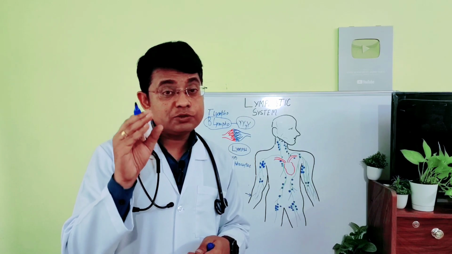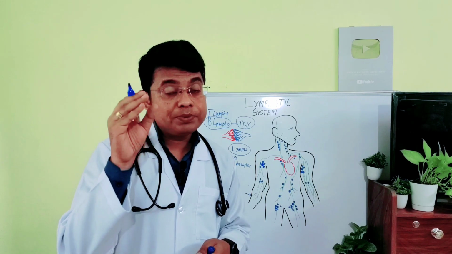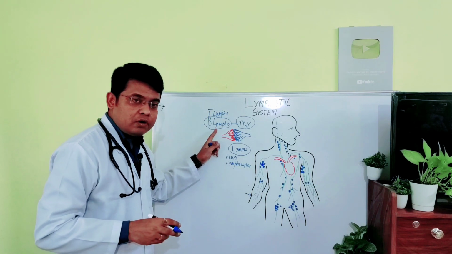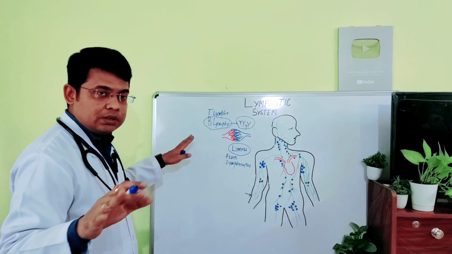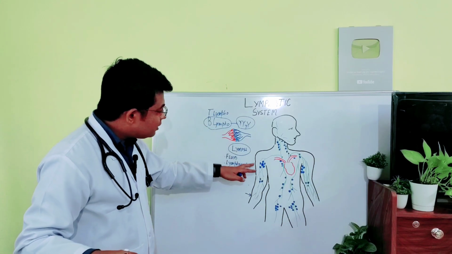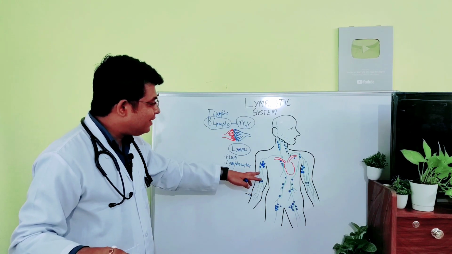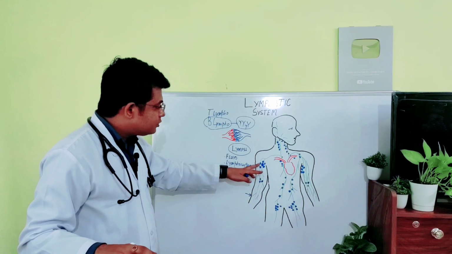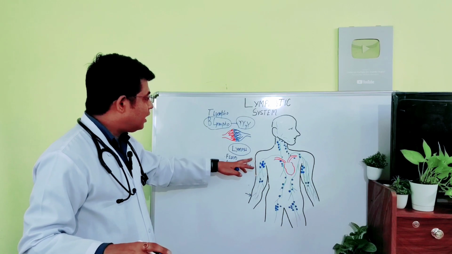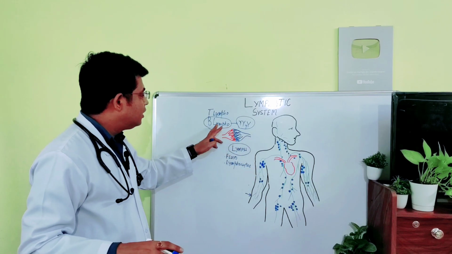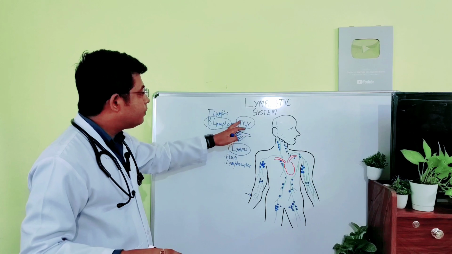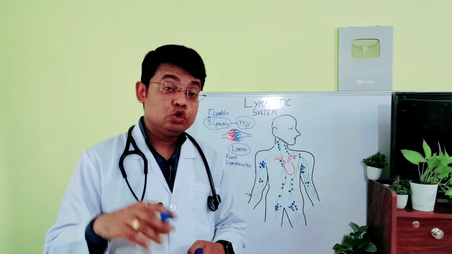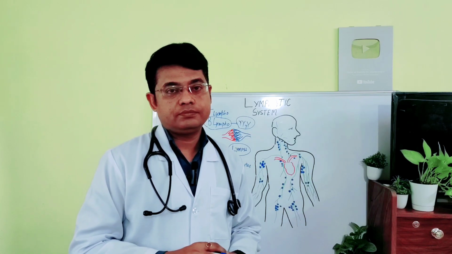We have to make specific antibodies for specific organisms, and the B cell is capable of making that quite well. So after exposure to that bacteria, our B lymphocytes make antibodies, and those antibodies will be utilized to kill those bacteria.